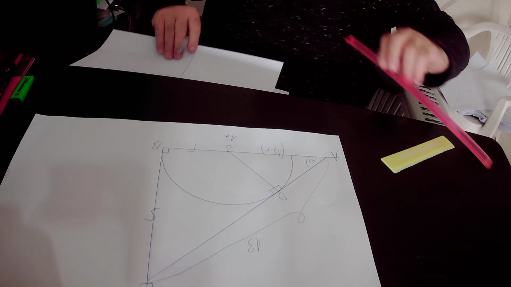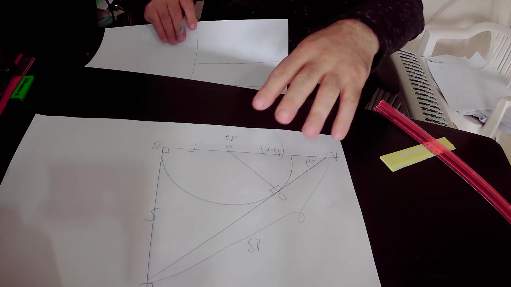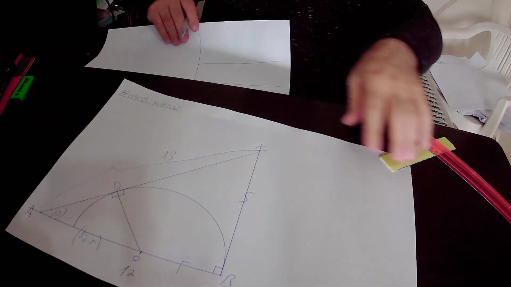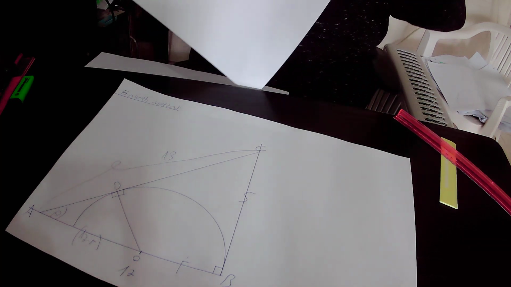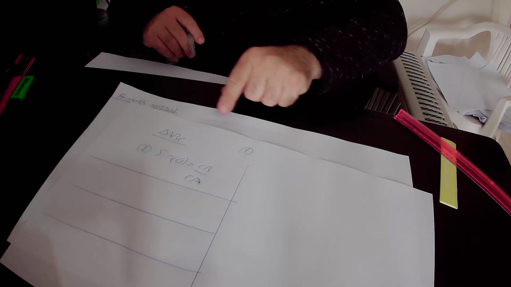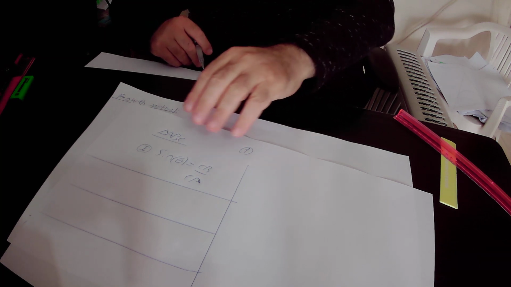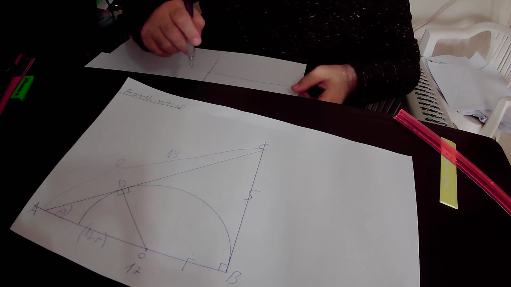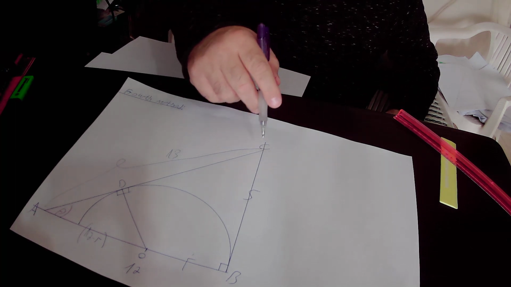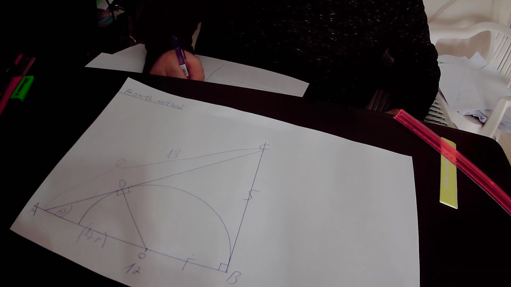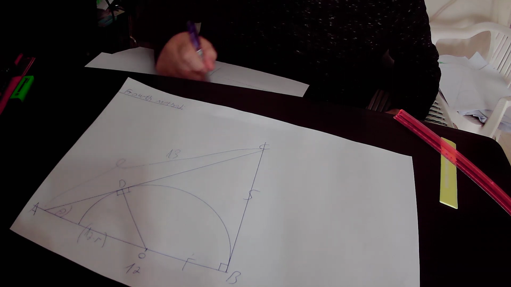I repeat again, in the right triangle ABC, sine theta equals CB over CA, but we have already found out that CB equals 5 units according to what is given in the question, and we have already found out that CA equals 13 units.